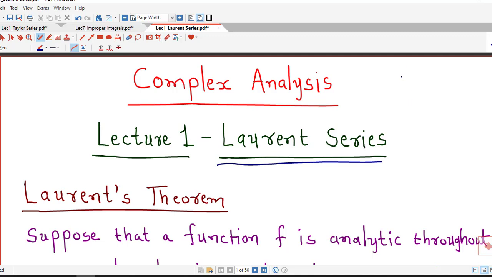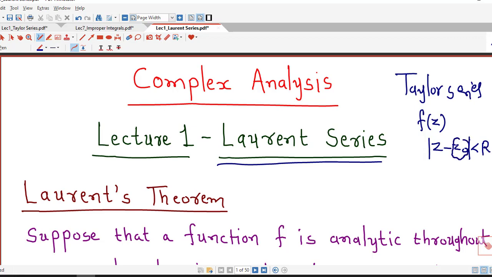So if we recall, for Taylor series, suppose we want to find the Taylor series of a complex function f of z in powers of z minus z0, then this is possible if the function is analytic in some open disk with center z0.